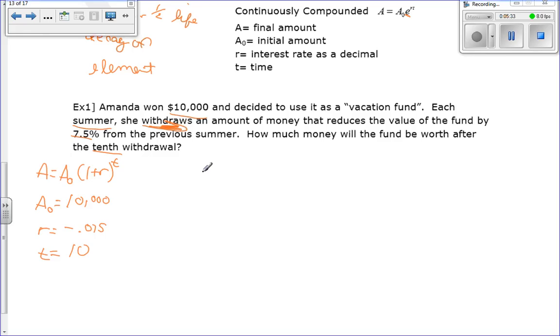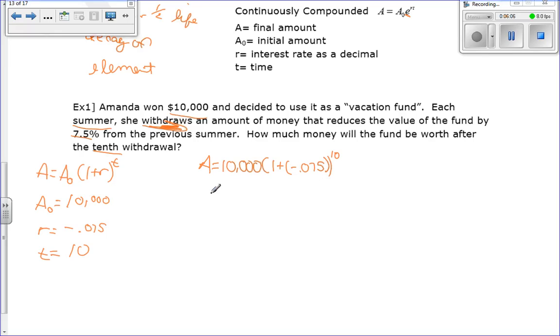So, the equation is actually going to look like this once we substitute in. A equals 10,000, parentheses, 1 plus R is a negative 0.075 to the 10th power.